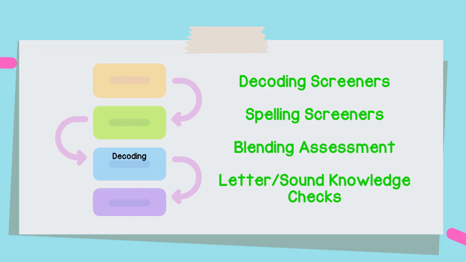So how do we assess decoding? We use several tools to understand where decoding breaks down. A decoding screener is often a free tool you can find online. I like the Core Phonics Survey. What this assesses is it starts with letter sound knowledge. Then it assesses CVC words, digraphs, blends, CVCE, vowel teams, and so on.